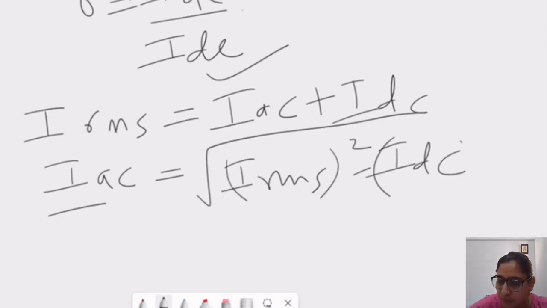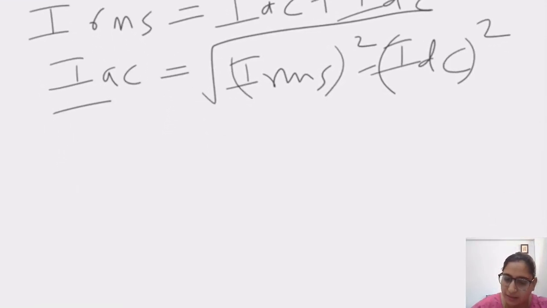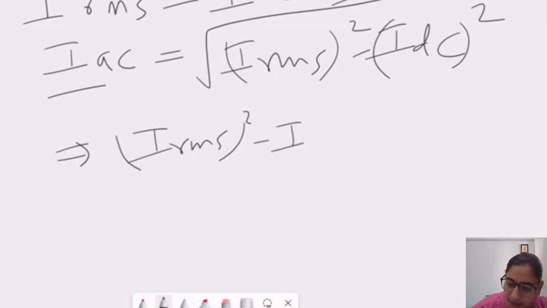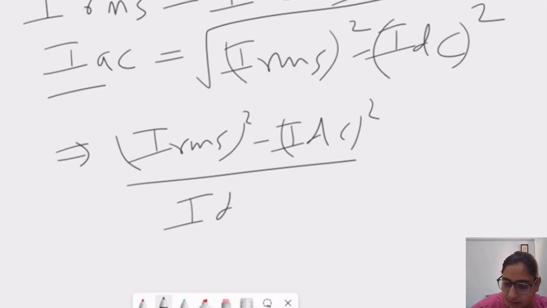Now we put this value of IAC and IDC in our ripple factor formula. After putting it, we will get the square root of IRMS square minus IDC square, divided by IDC.